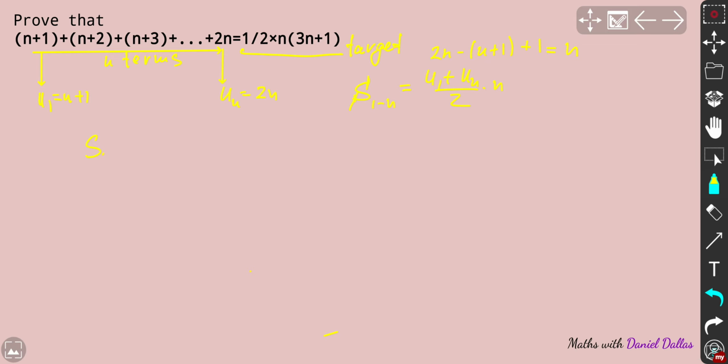That means the sum of the first n terms is equal to, instead of u1 we plug in n plus 1, instead of un we plug in 2n, the last term, divided by 2, times n. So we've got the sum equals 3n plus 1 over 2 times n. And indeed, we've got this formula.